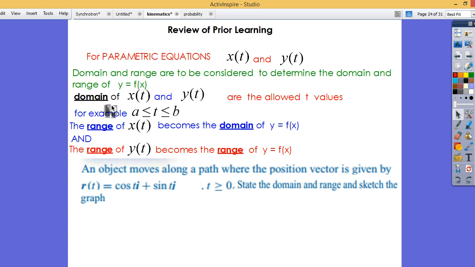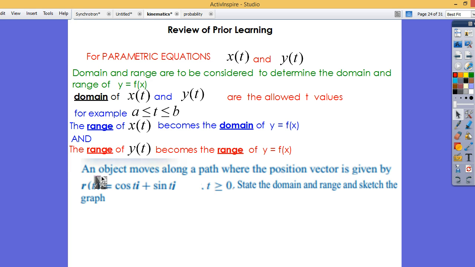So, first off, the domain of the two parametric equations is the allowed values on t. So we've got t between some values a and b. And then important things we need to remember is the range of x of t becomes the domain of the Cartesian equation. And the range of y of t becomes the range of the Cartesian equation.